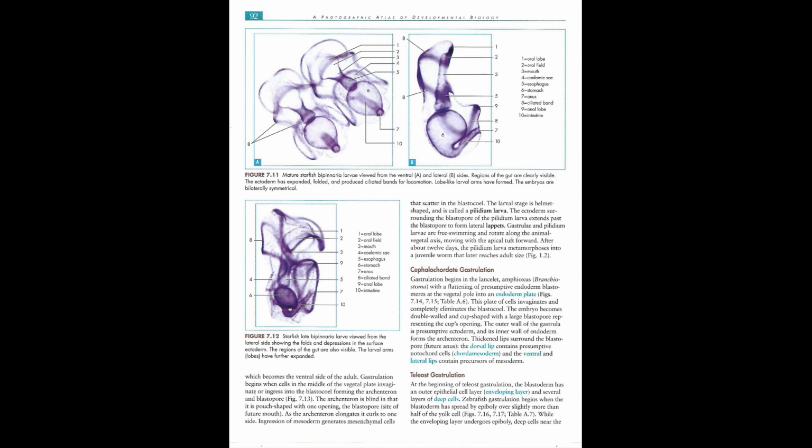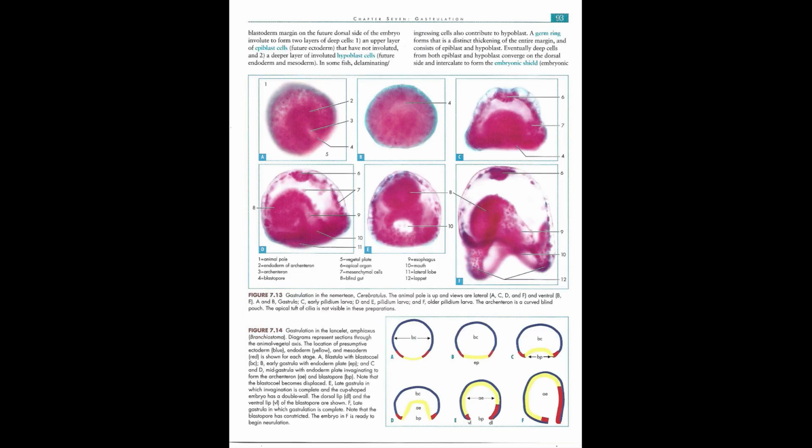While the enveloping layer undergoes epiboly, deep cells near the blastoderm margin on the future dorsal side of the embryo involute to form two layers of deep cells: 1, an upper layer of epiblast cells, future ectoderm, that have not involuted, and 2, a deeper layer of involuted hypoblast cells, future endoderm and mesoderm.